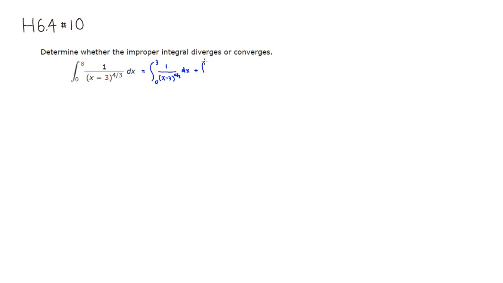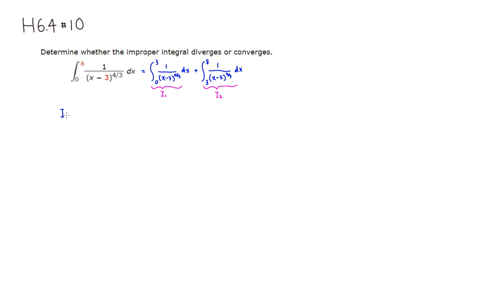Then we go from 3 to 8, 1 over x minus 3 to the 4/3 power dx. We have two integrals, so I'm going to call the first one I1, and the second one I2. Let's work on I1 first.